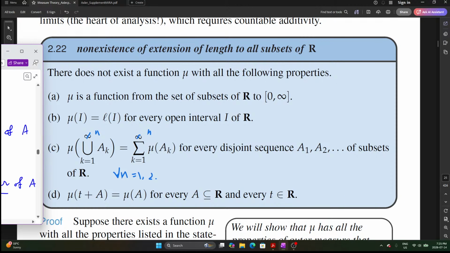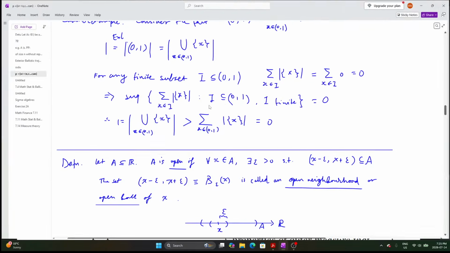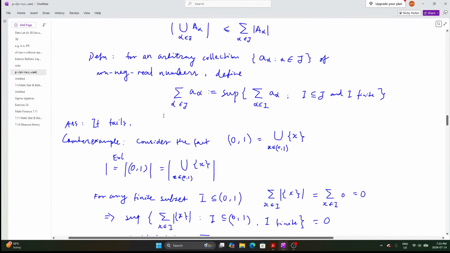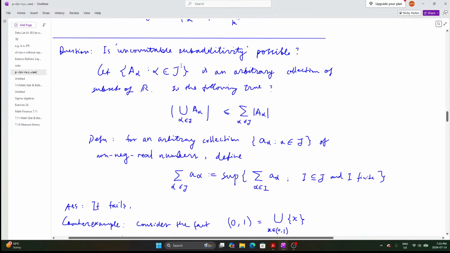That was the second stream, where it got unfortunately cut short due to bad internet. So here's the answer here. Here we have a question: is uncountable subadditivity possible? Of course, subadditivity is weaker than additivity.